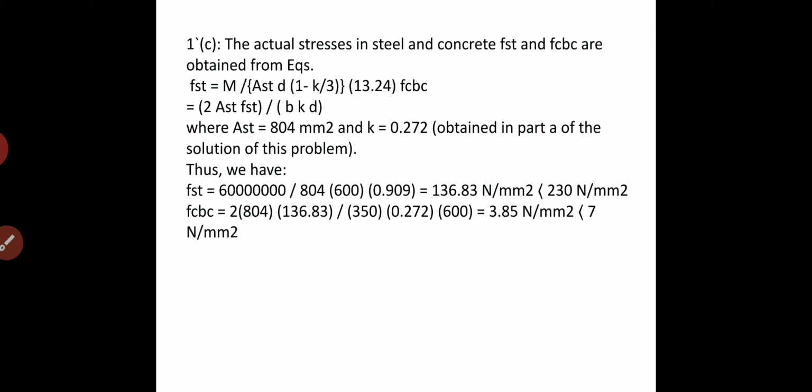And third portion, the actual stresses in steel and concrete, fsc and fcbc, are obtained from equations.